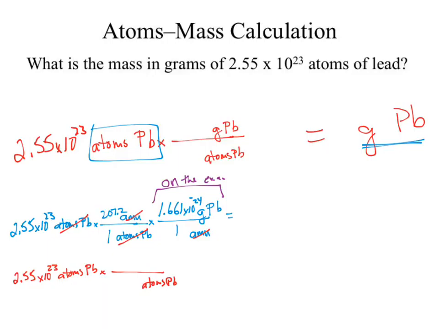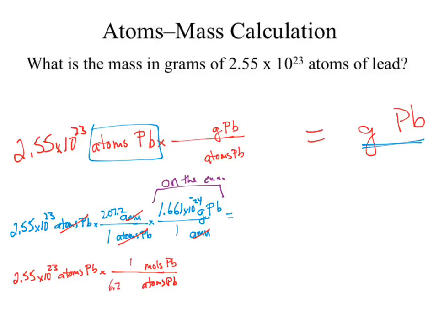Can I convert atoms into anything other than mass? I can convert them into moles of lead. What is the conversion factor between atoms and moles? 6.022 times 10 to the 23rd atoms is 1 mole.